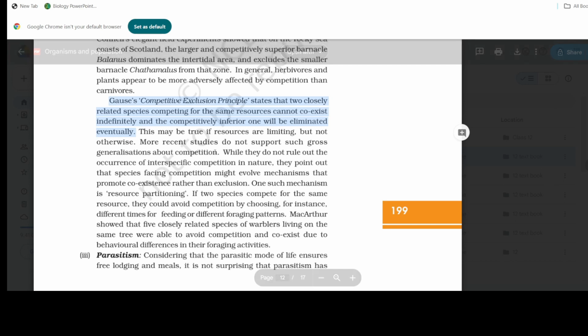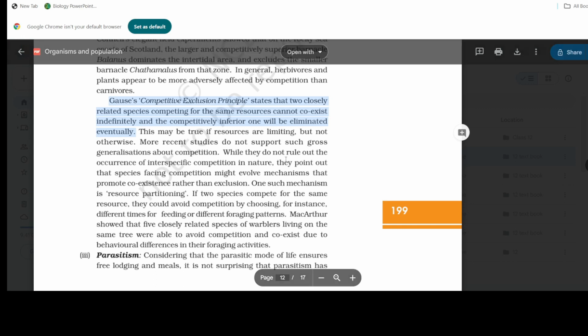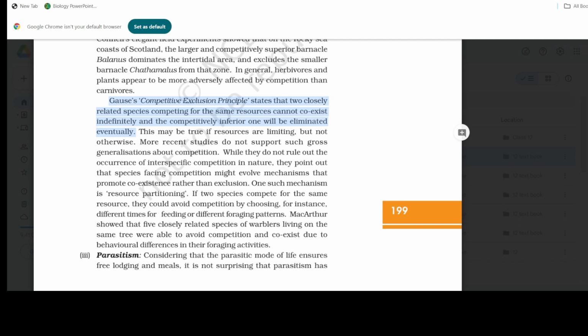Again, more recent studies do not support such gross generalization about competition. They say that while they do not rule out the occurrence of interspecific competition in nature, they point out the species facing competition might evolve mechanisms that promote coexistence. Though they are inferior, they'll find some other way to survive.